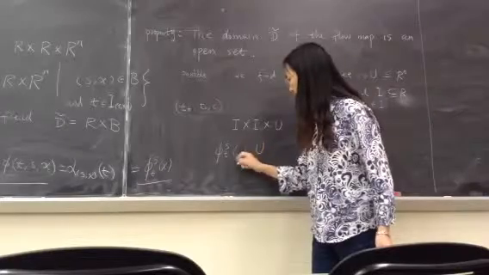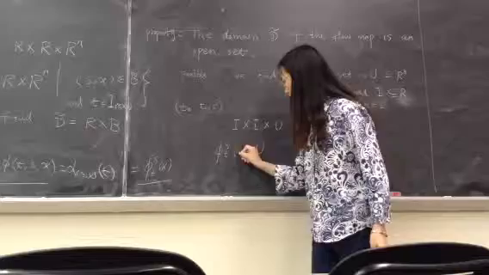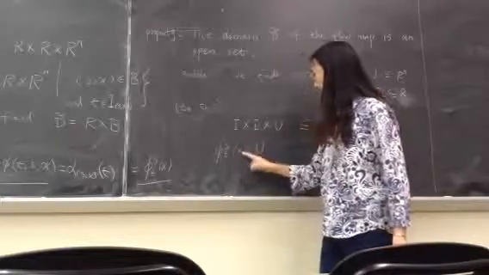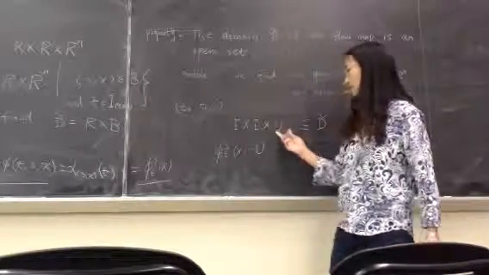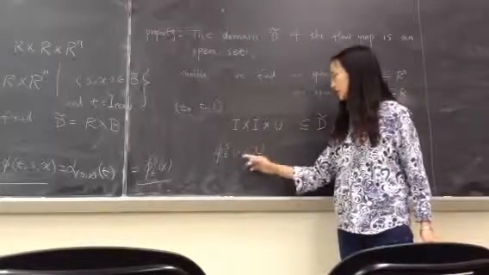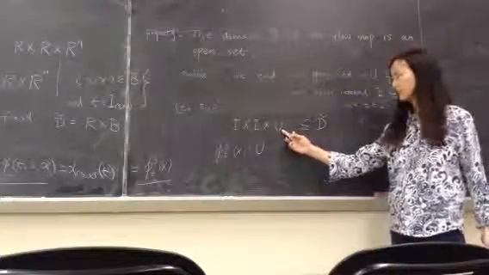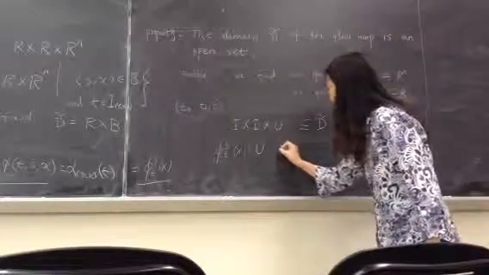We actually want to fix S or T or both. So for this one, X is from this U, S is from this interval, and T from this. So for any X from this open set U, what's the image?